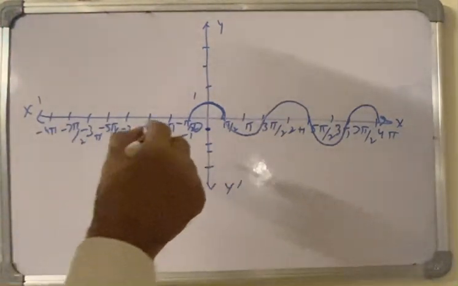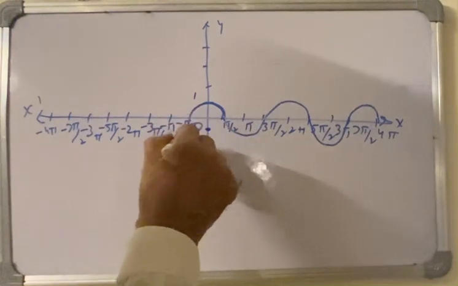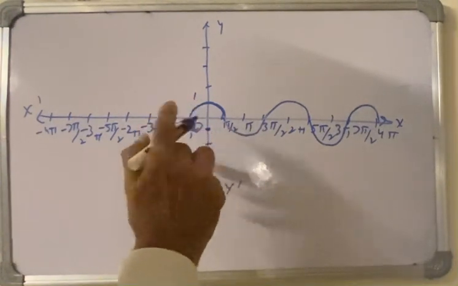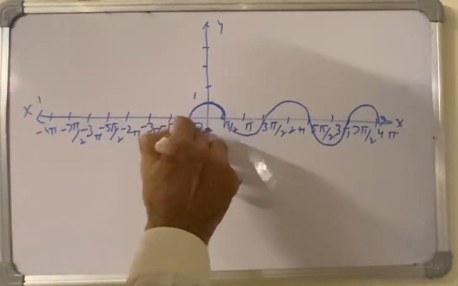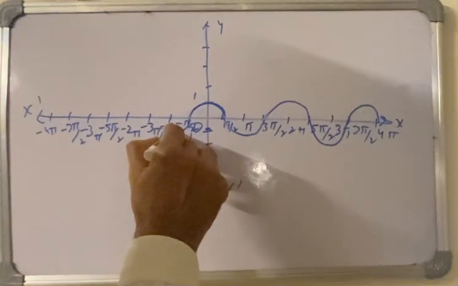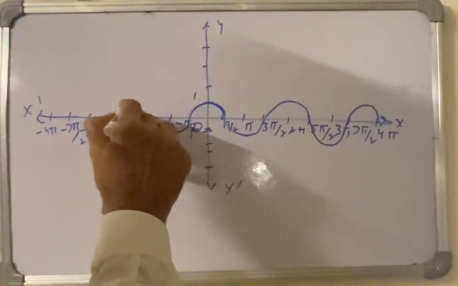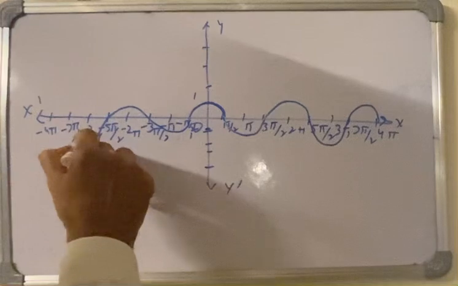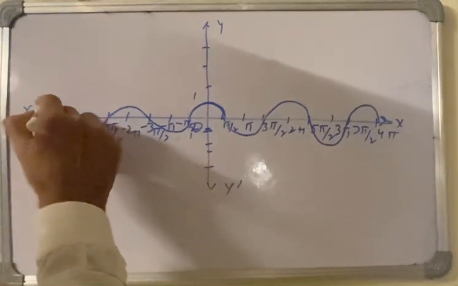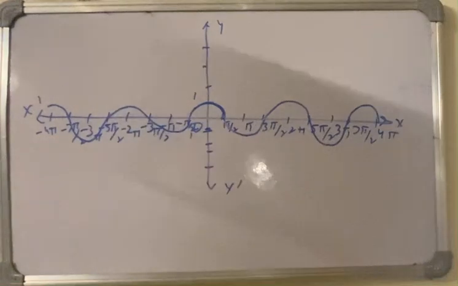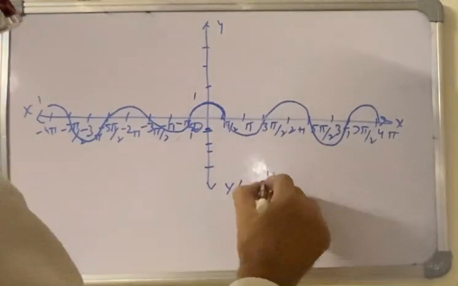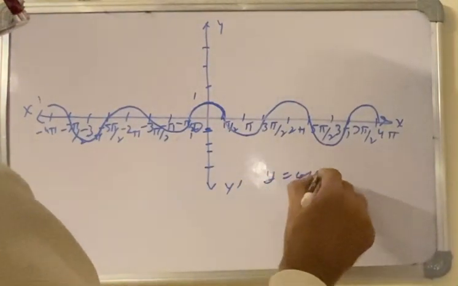Similarly, on this side, this is minus 1. So it is y equals cosine x.